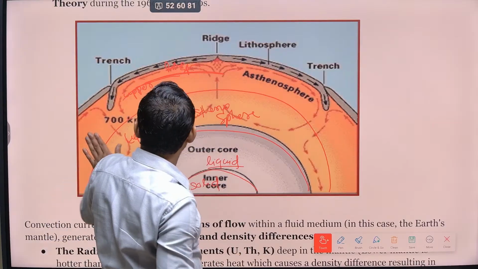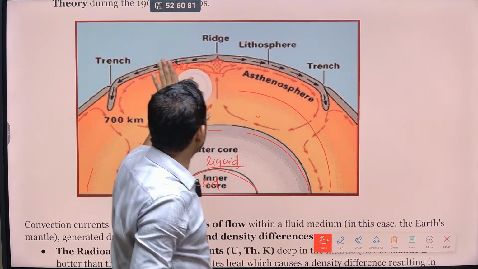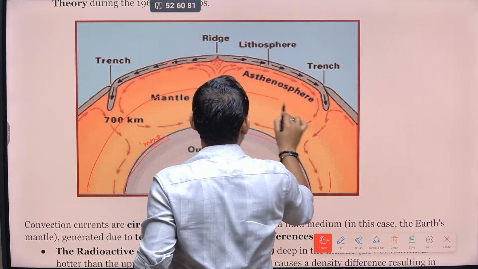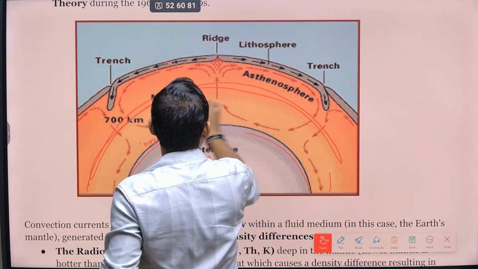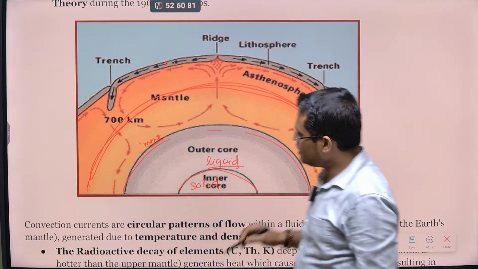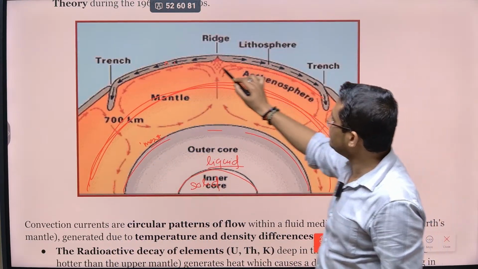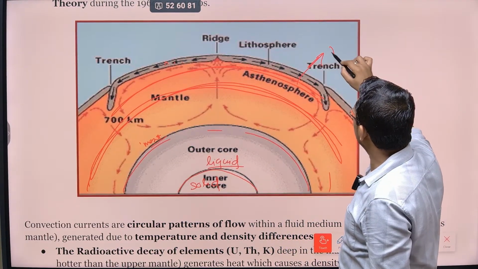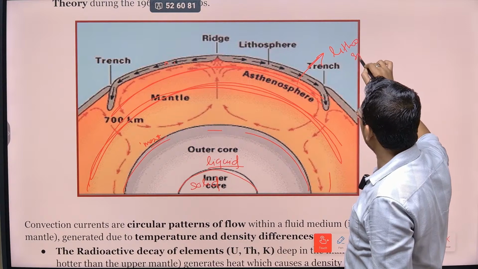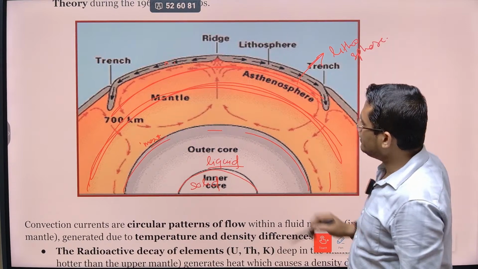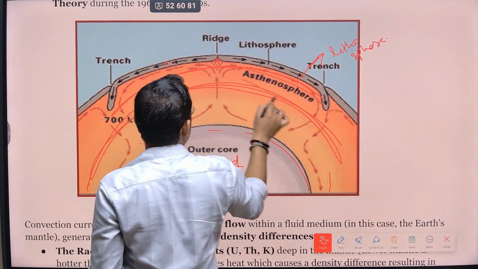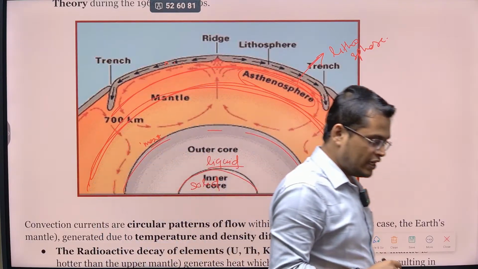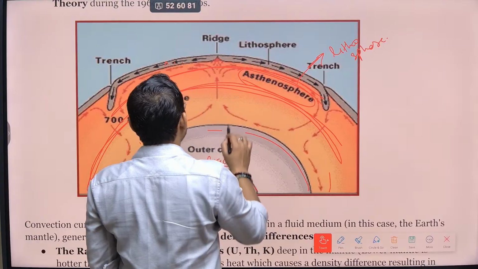This mantle is divided into two layers. The bottom layer is called the asthenosphere, and the top layer is called the lithosphere. The asthenosphere is in a plastic or semi-liquid state.